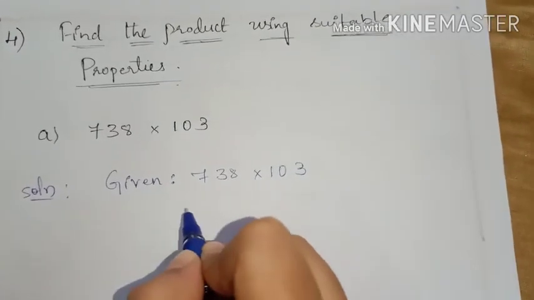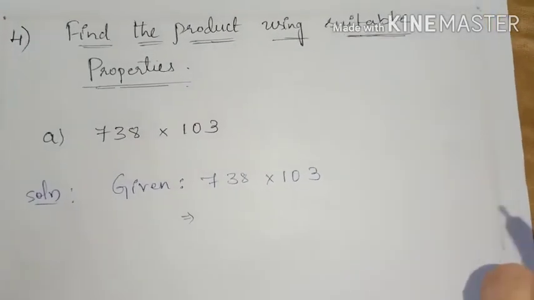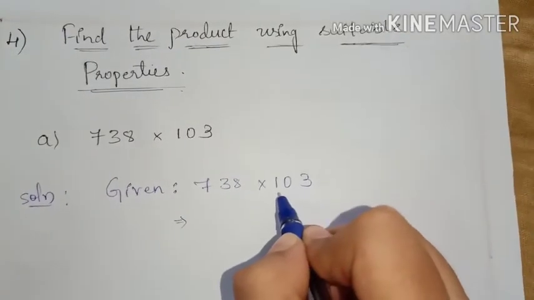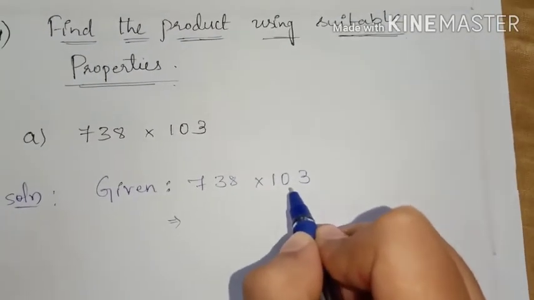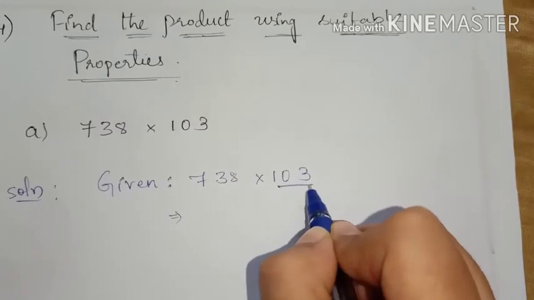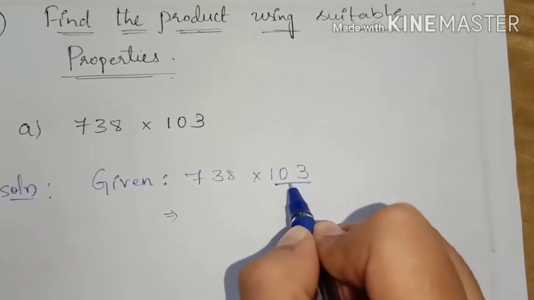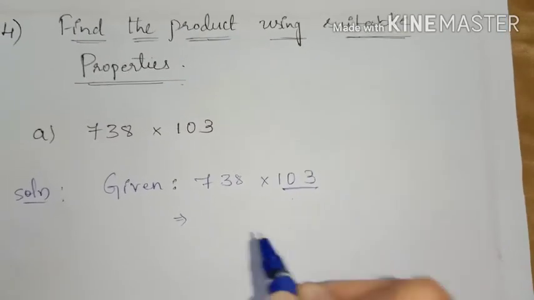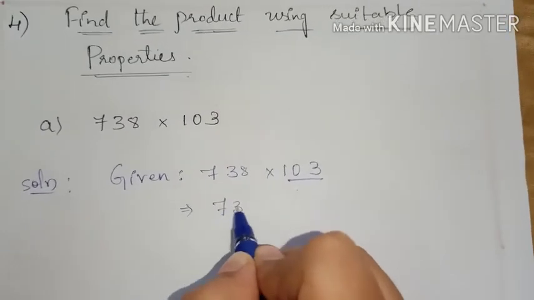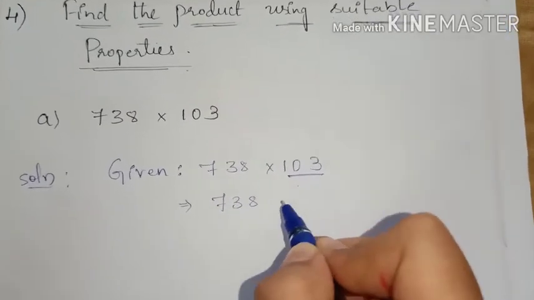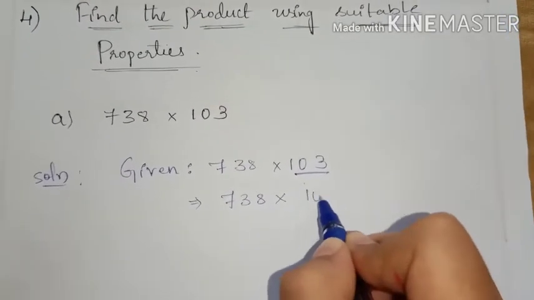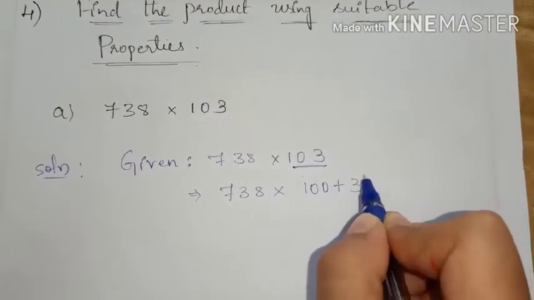So how can we solve this? Shall we use the distributive property? We can distribute 103 as 100 plus 3. Yes, 738, keep it as it is, into 100 plus 3.